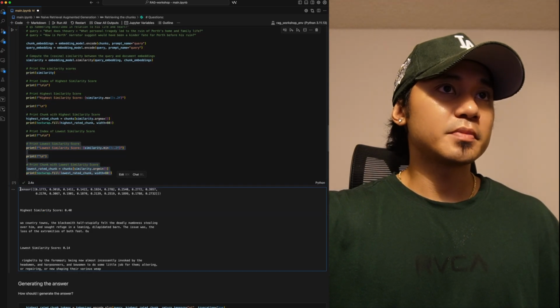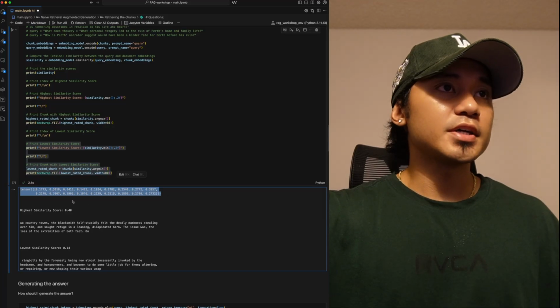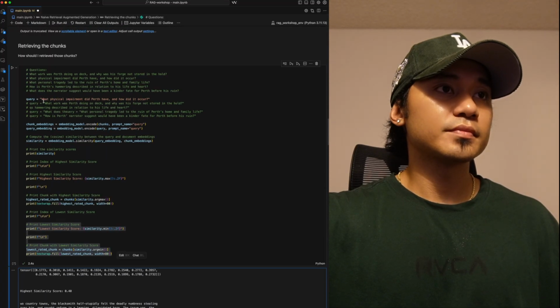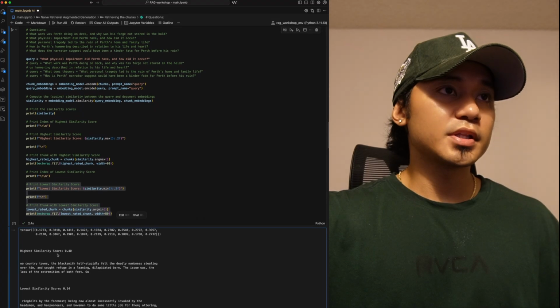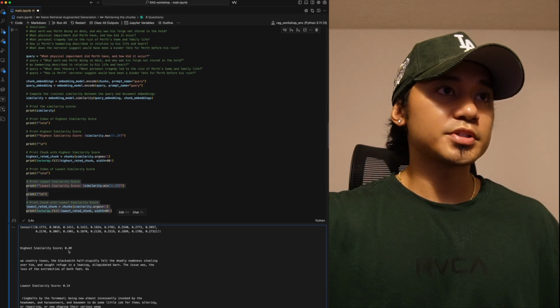So here is my tensor, which has all the different chunks in an array, and these numbers represent how similar the query is to each of these chunks. If we look at the chunk that has the highest similarity score, which has a score of 0.40, we get this chunk here.